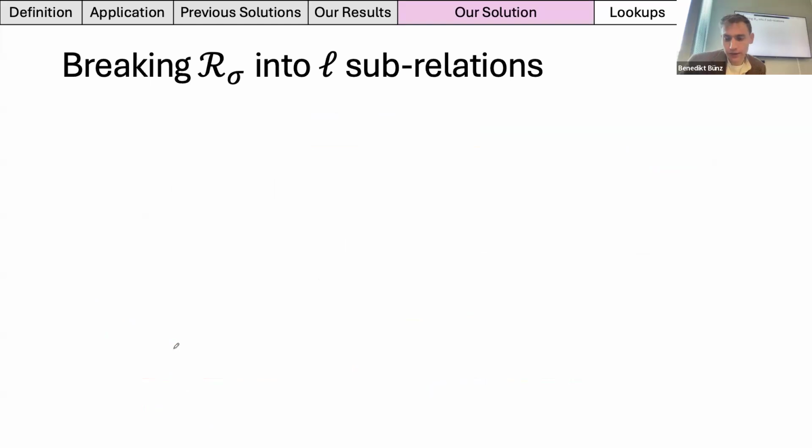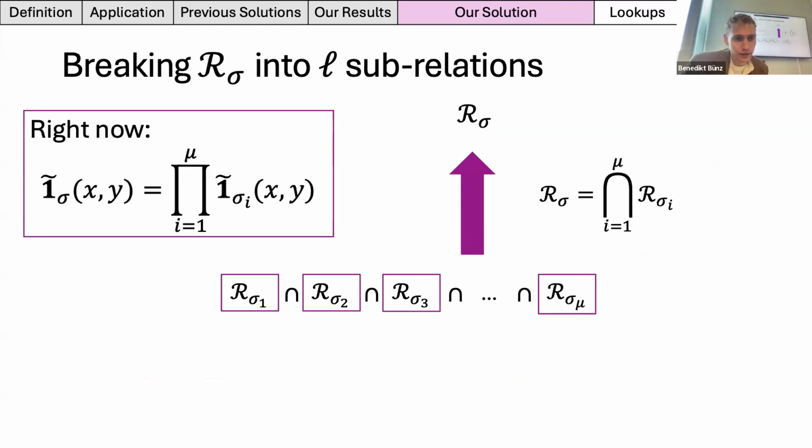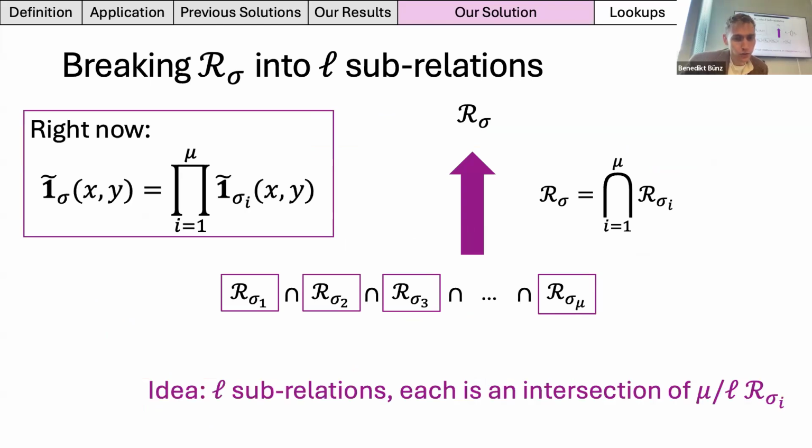So I don't want to go into all of these details, but I'm going to at least try to give you some of the highlights. What we're going to do is group the relations.